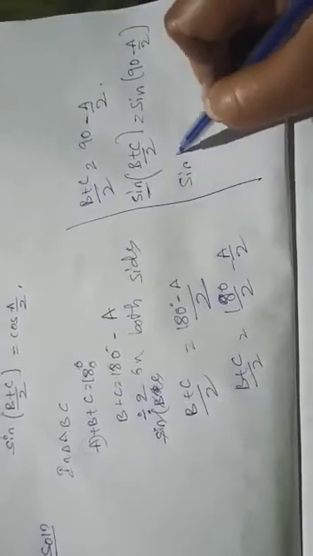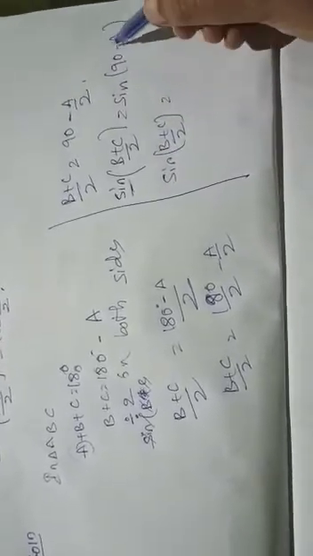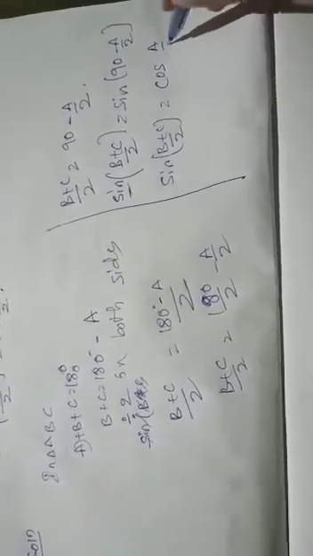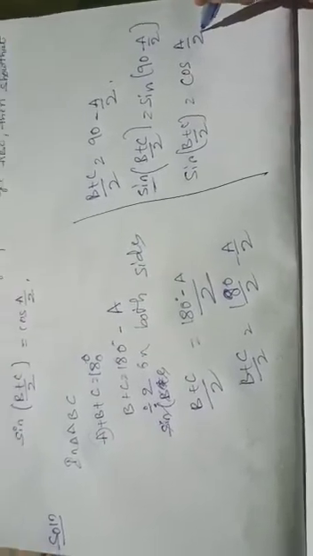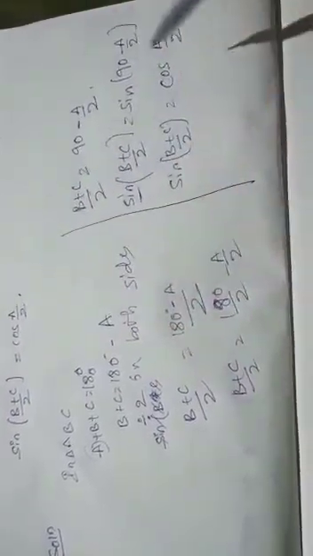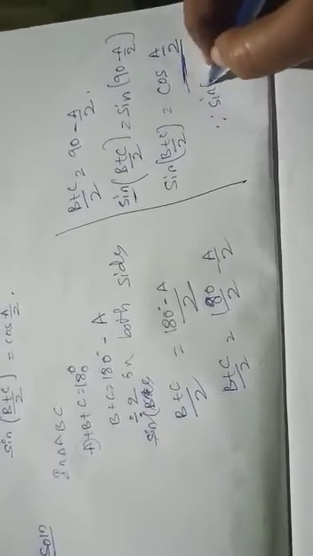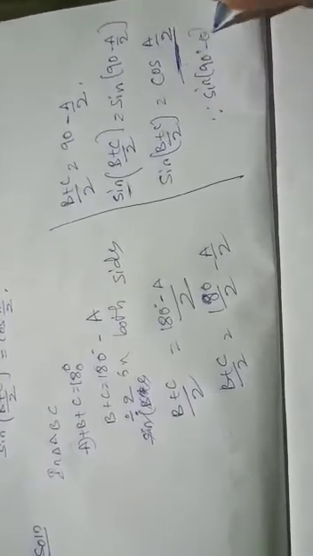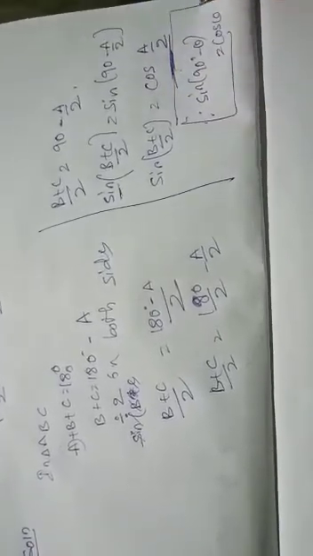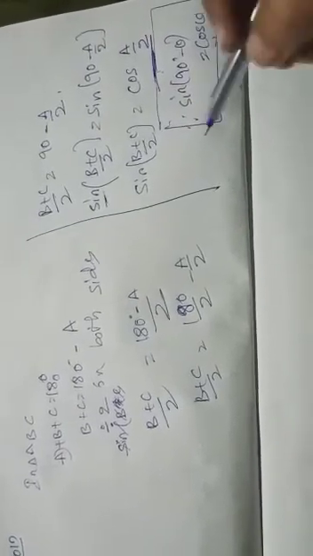Sin(90 minus theta) equals cos theta. Here theta equals a by 2. See, sin((b plus c) by 2) equals cos(a by 2). Here using sin(90 minus theta) equals cos theta, trigonometric ratios of complementary angles. Hence proved.